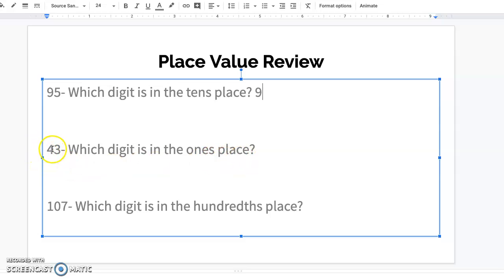Hundreds, tens, ones. 3. All right, and then which digit is in the hundreds place? Hundreds, tens, ones. 1. Very good.